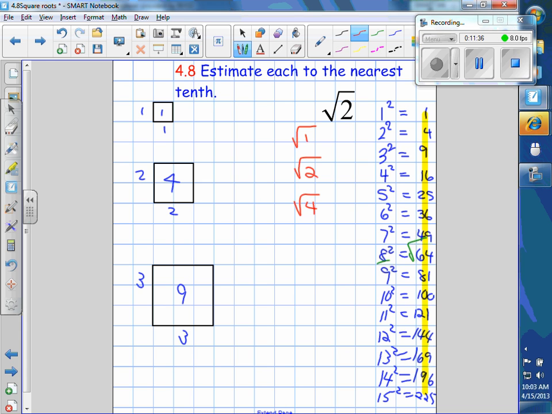Does that make sense? So we know the square root of 1 is 1, and we know the square root of 4 is 2. So logic would tell us this is going to be 1 something. Okay? Just let me go through the whole thing. You can guess in your head, but I want you guys just to let me go through the whole thing.